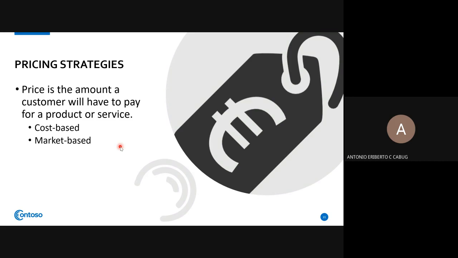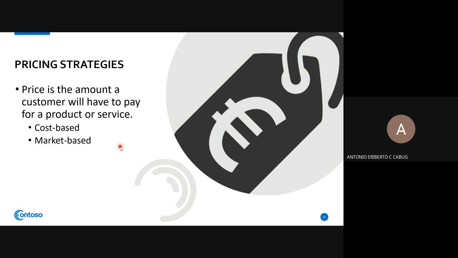Kung bibili ka ng mangga, syempre, yung nagtitinda ng mangga, inaalam niya kung magkano yung presyo ng mga katabi niyang nagtitinda ng mangga. Kaya tinatawag na market-based. It depends on the market as a whole. If you are going to charge a higher price, the customers will go to the cheaper alternative, considering that they are just equivalent.